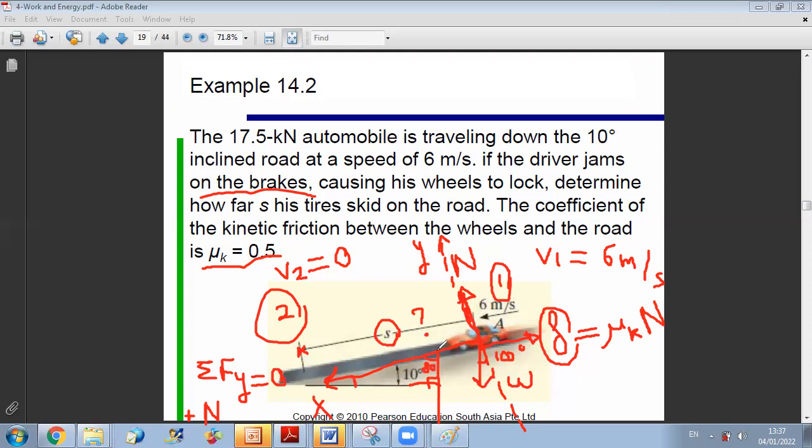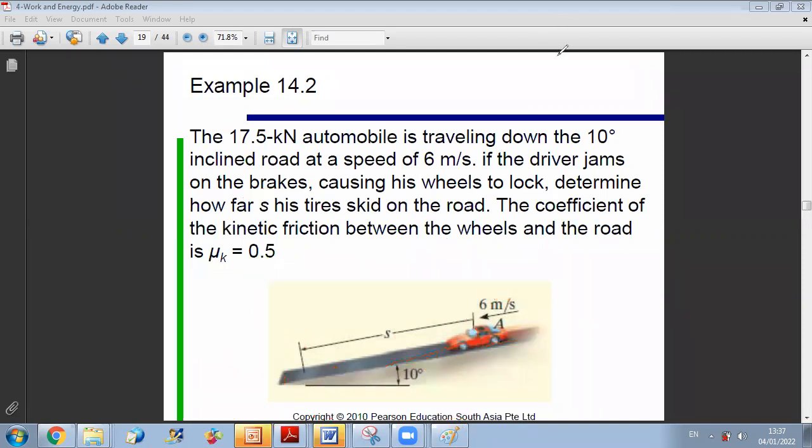This means that the angle between the weight and the perpendicular to the incline, which is y, is 10 degrees. So now if you want to project the weight along y, you should put a minus, because it's a downward projection. So it's minus w cosine theta.